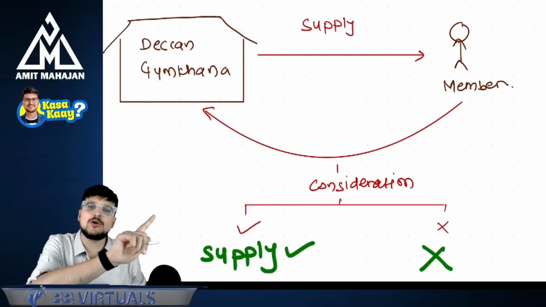So they can take two separate registrations, or they can take only one registration where Mumbai is the principal place of business and Pune is the additional place of business.